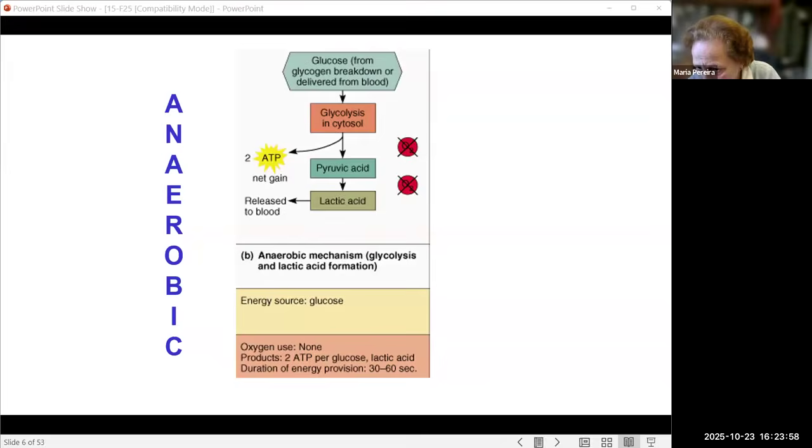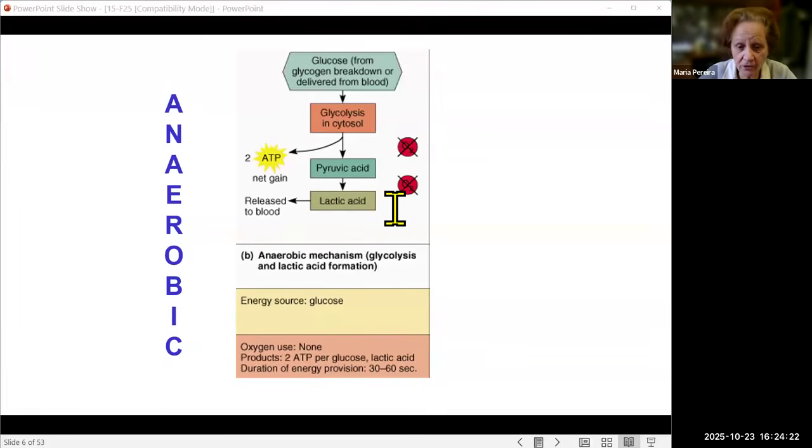So during what circumstances does lactic acid accumulate? Well, just think about it. If you run out of oxygen, then, because you will see the next step, if there's oxygen, the pyruvic acid bypasses lactic acid and goes into the mitochondria. So you'll get much, much less lactic acid.